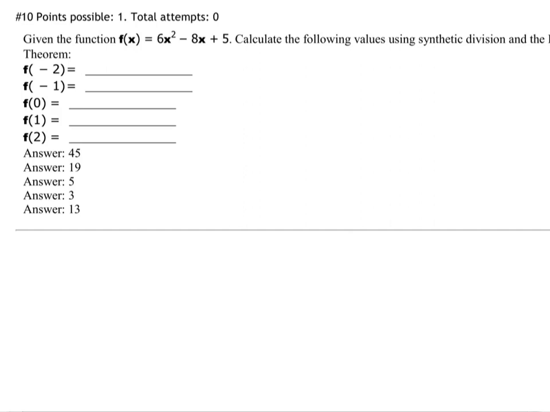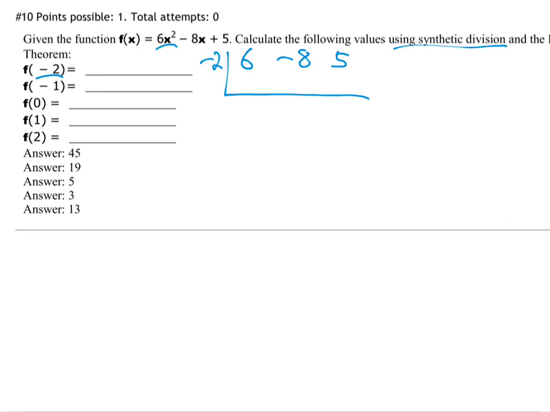Okay, so on number 10, they want us just to plug some values into a function. You know how to plug f of negative 2 into a function. You could just plug it in, but see they say using synthetic division. So what they want you to realize here is that plugging in negative 2 is exactly the same thing you would get if you just divided by negative 2 with synthetic division.